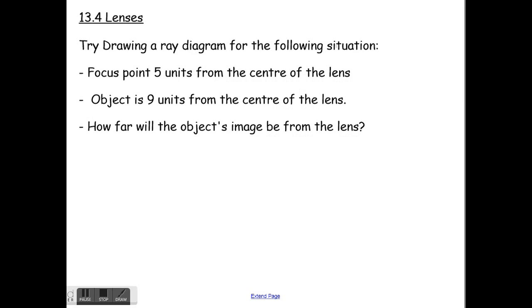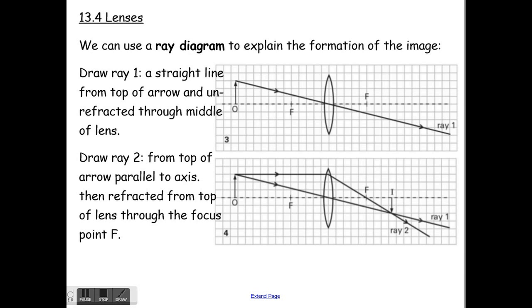Each little square is 1 unit, just in case you're confused. The object I want to be 9 units away from the center of the lens, which means it should have the lens, focal point, object on the other side of it. So follow the same 2 steps that I did here. You'll have your focal point, your object. First line goes through the center of the lens. Second line parallel to the top, then through your focal point on the other side.